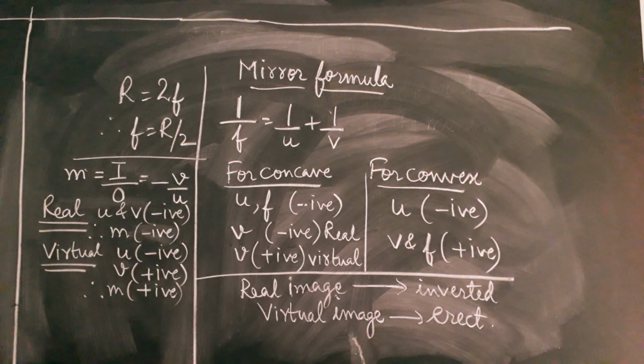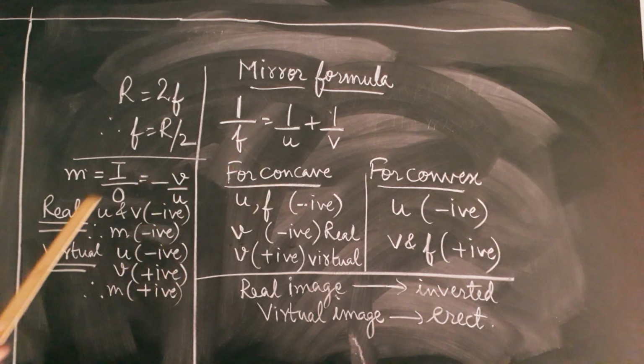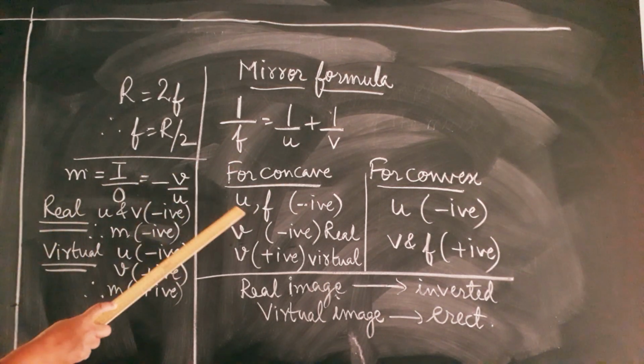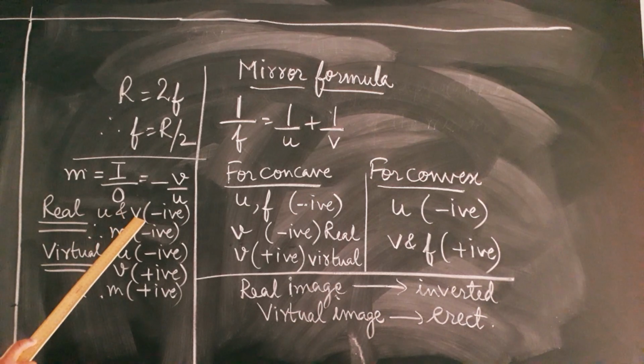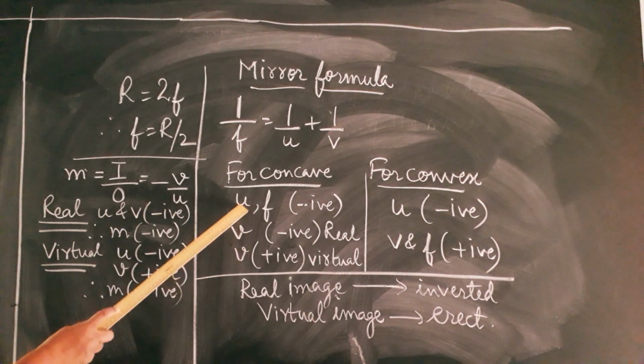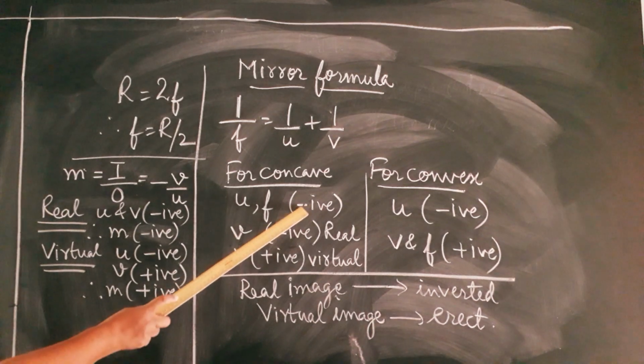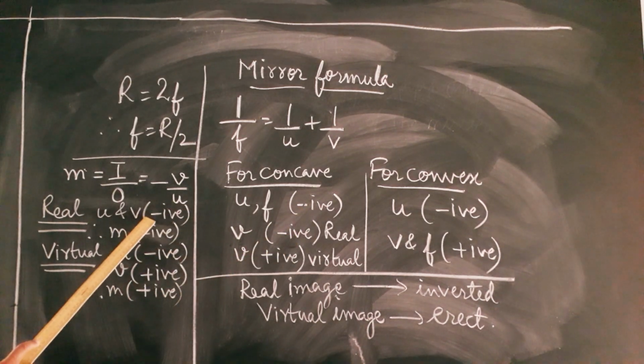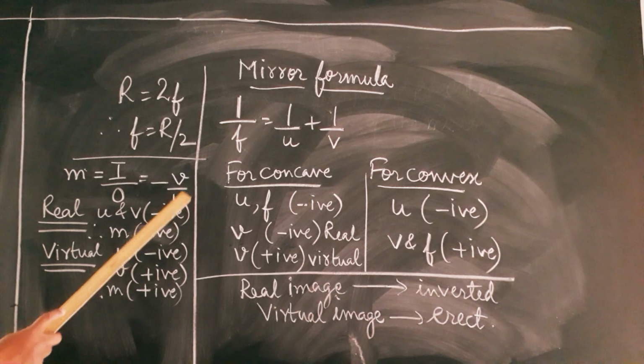Now for real images, that is in case of concave, when the image is real, we have seen the values of u and v. For real images, the values of u and v are both negative. So when I put negative and negative over here, they will get cancelled.